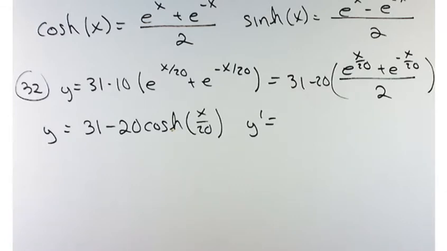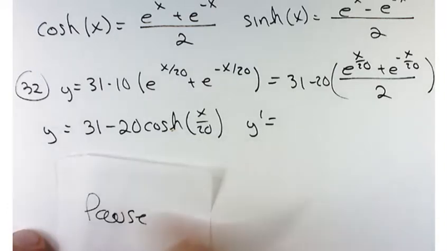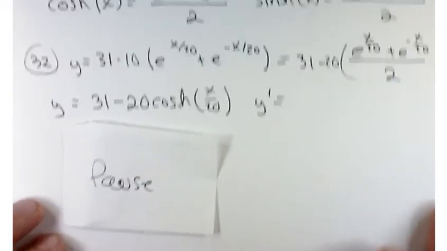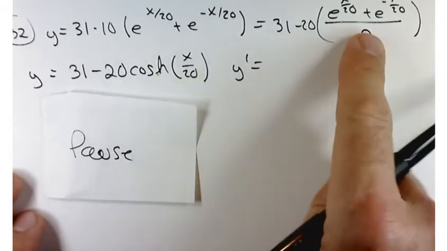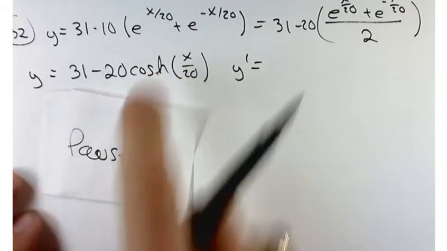Let's see if we can't figure out what y prime is. I'll give you a second to work on that. So go ahead. Figure out the derivative here. Make sure that you use the chain rule. I wouldn't look up here at this. Just differentiate it from cosh.